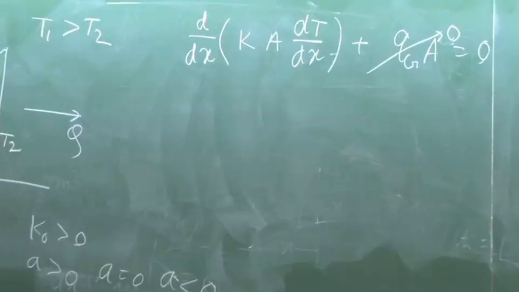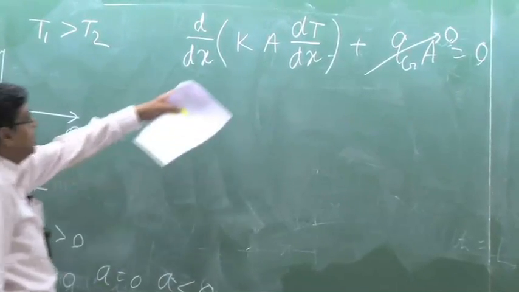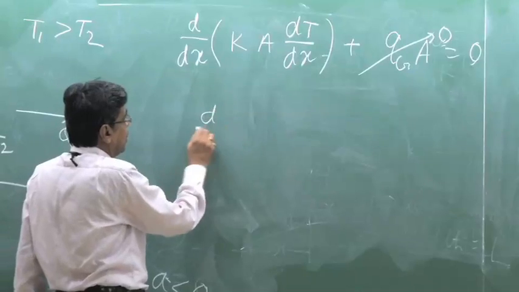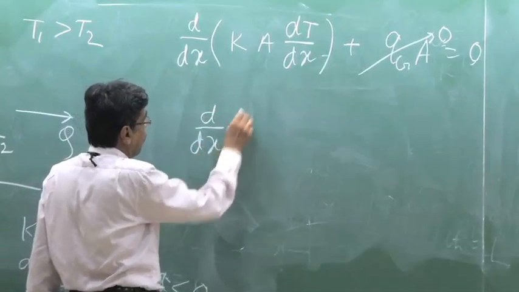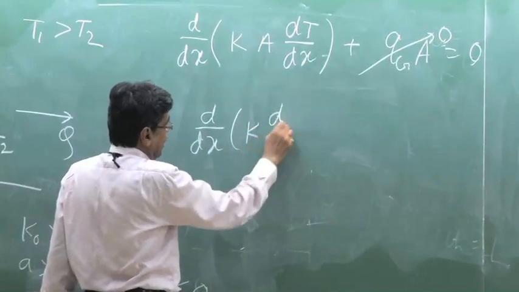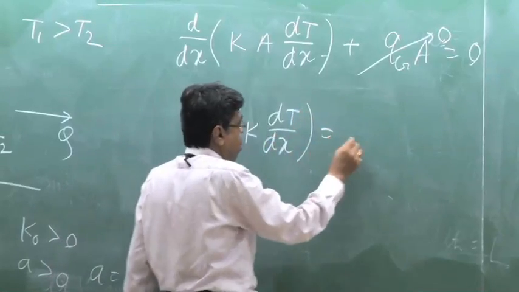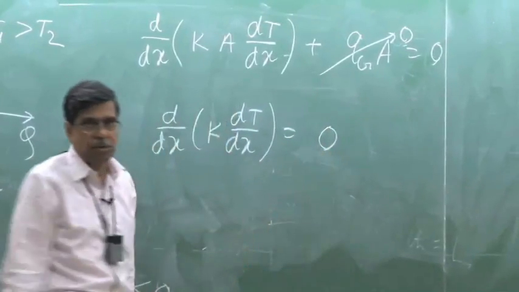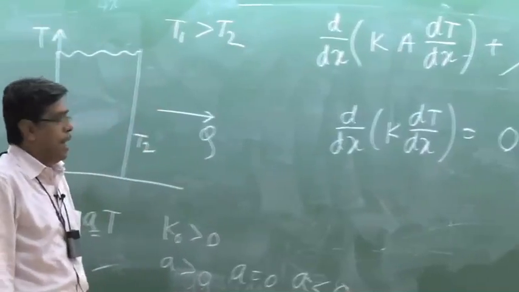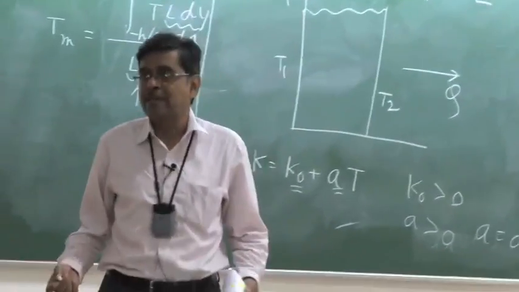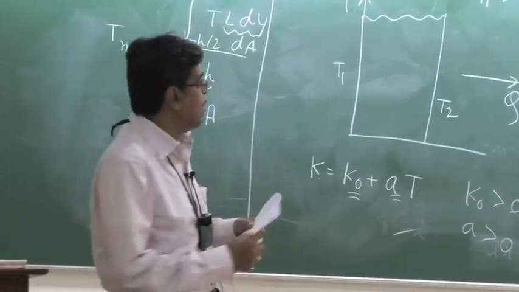When there is no variation of area, the area will come out, and then d/dx of K into dT/dx is equal to 0. And when K is constant, d/dx of dT/dx is 0, which means dT/dx is constant. So you will do it stepwise.